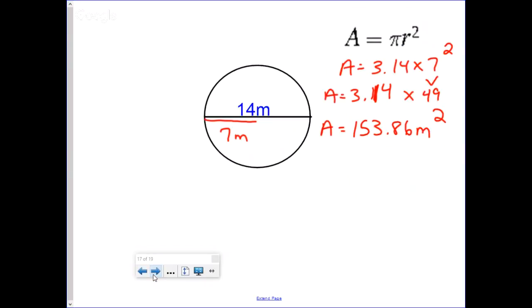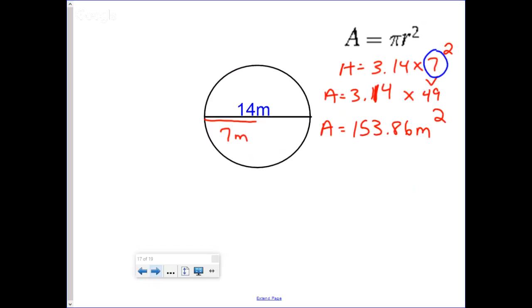If you're given a diameter, in this case, this is an R, and we cannot use a D with the R. So we must half it. And when you half it, you make it a radius. And half of 14 is 7. So that's why we used a 7 right here instead of 14.